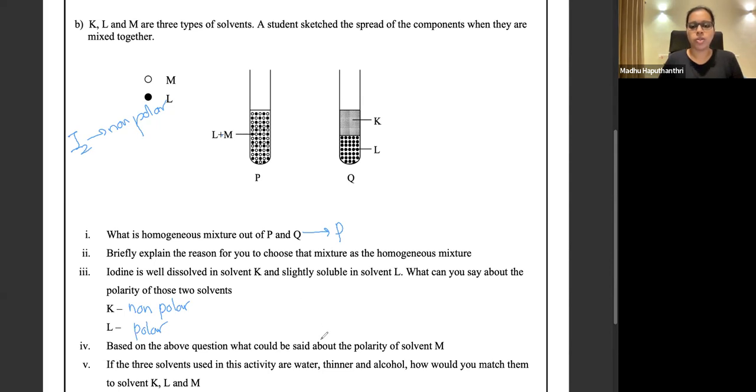When it comes to a polar solvent, it is not that soluble. How do we know that I2 is nonpolar? Because it's iodine and iodine, there is no electronegativity difference. So it's a perfectly nonpolar bond.